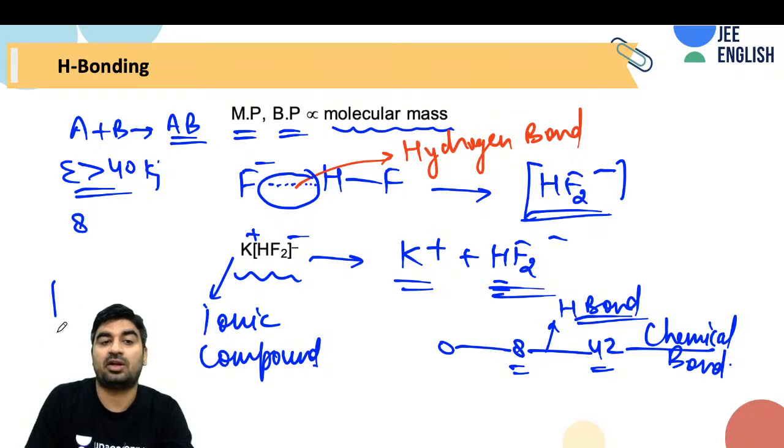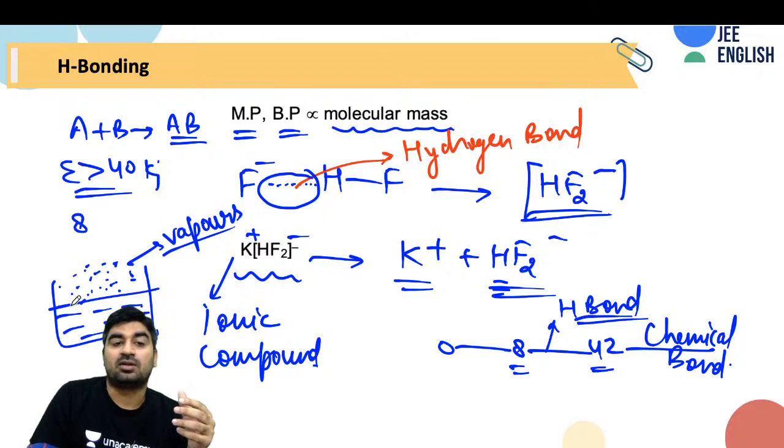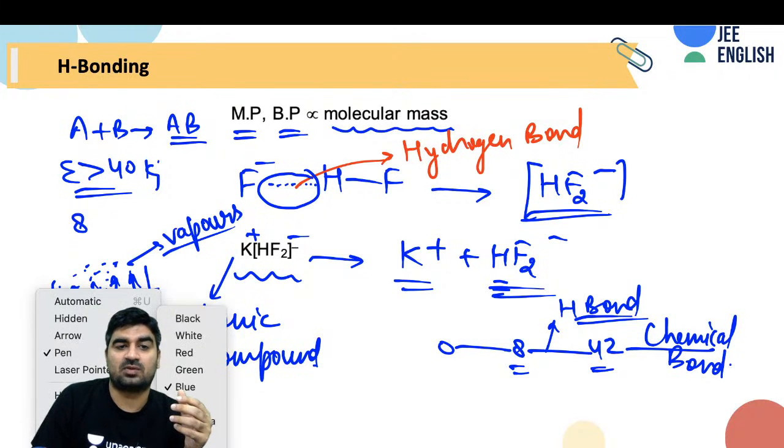Because what is boiling? In boiling, you have a liquid and you are evaporating it. That liquid is getting converted into vapors. When you are evaporating a liquid, these liquid particles are leaving the liquid surface.